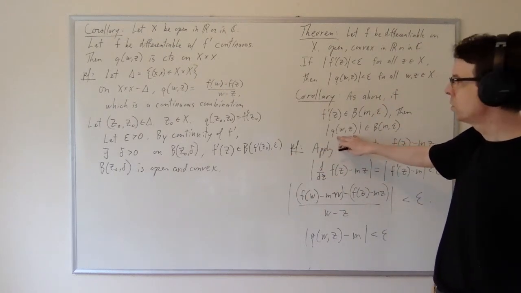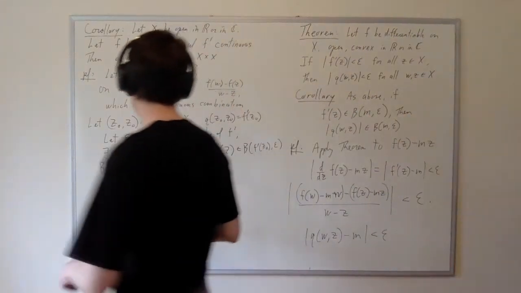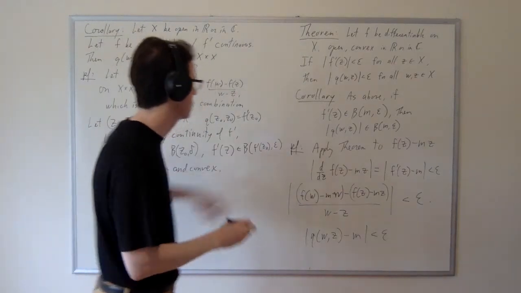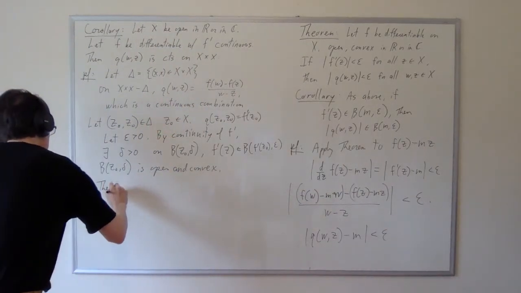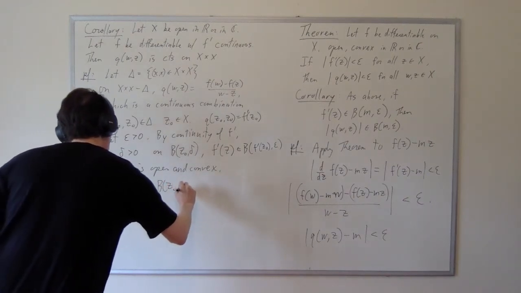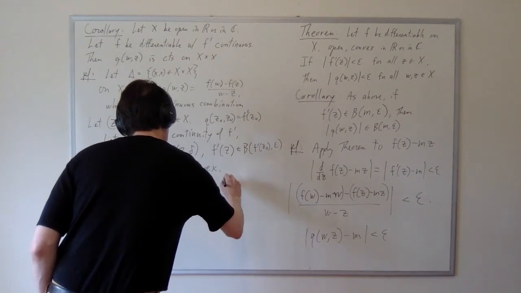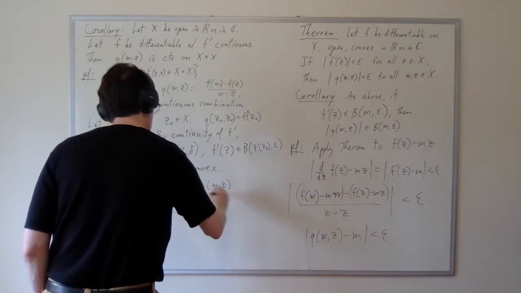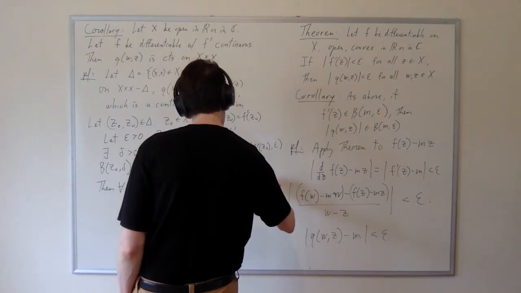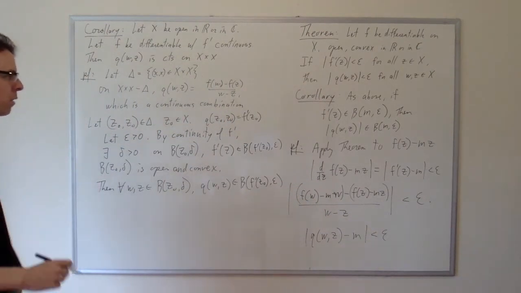And so what we can deduce then is that q of wz is always going to be in that range under the same conditions. So then for all w and z in that very same ball, we get q of wz is also going to be in that ball of radius epsilon around f prime of z naught.